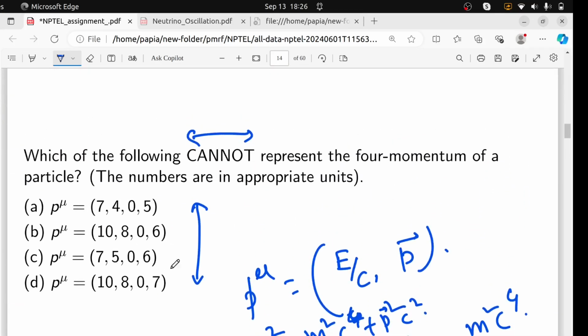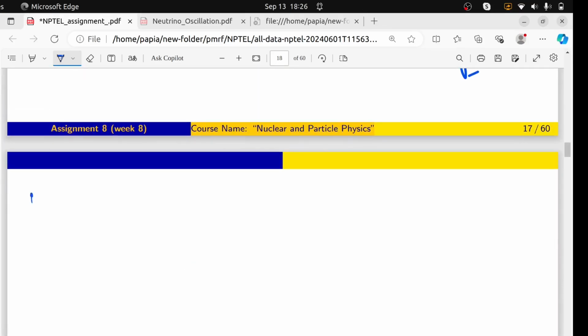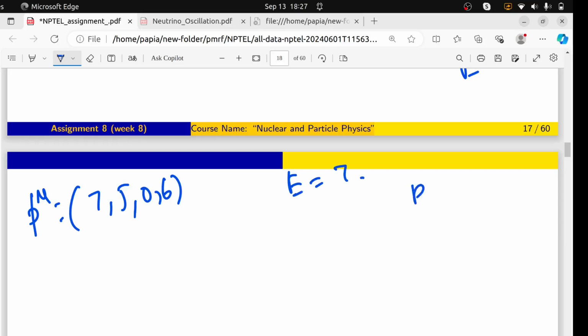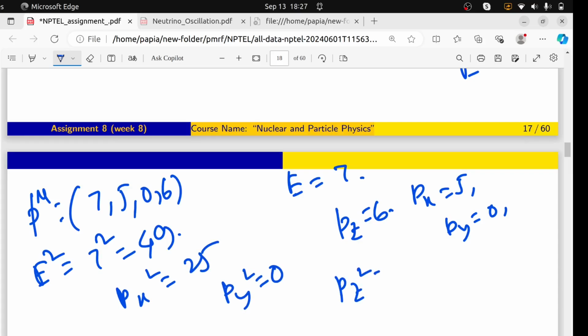Now coming to 7506. Similarly, I can write E equals 7, px 5, py 0, pz 6. E squared is 7 squared, which is 49. px squared is 25, py squared 0, pz squared 36.